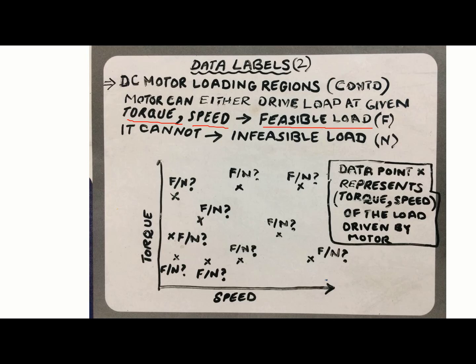But it may be the case that the load is infeasible, meaning that the motor cannot run this load at a given torque and speed. So we have come up with some labels here: feasible, not feasible. And so we are now asking which of these data points represent feasible load and which represent not feasible or infeasible loads.